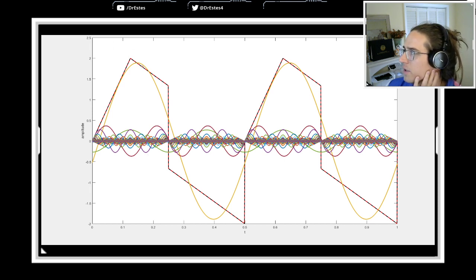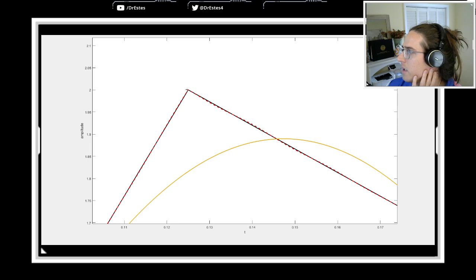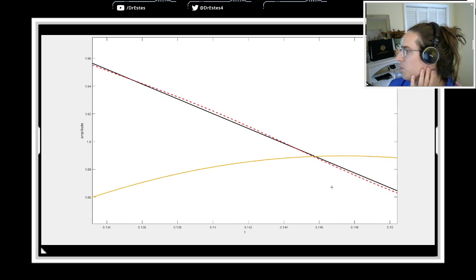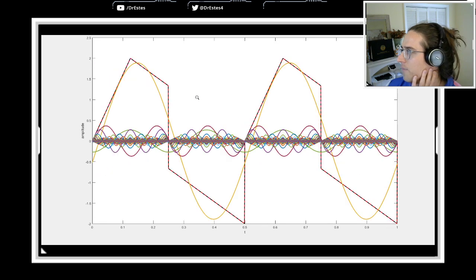So you add all those together. Remember, the red dotted line is when you add all these together. Yeah, trapezoid tooth. If you zoom in really close, you see that this red line still is sinusoidal. It's not perfectly straight. It's just if you zoom out. Okay.